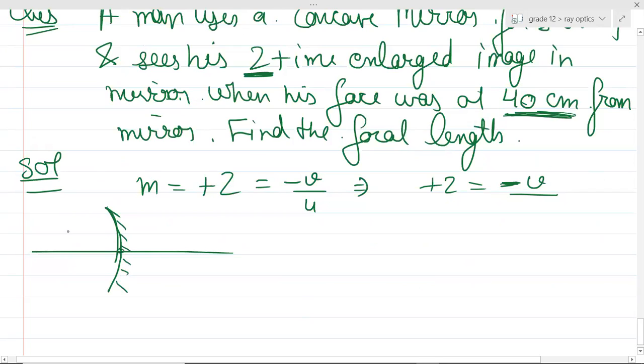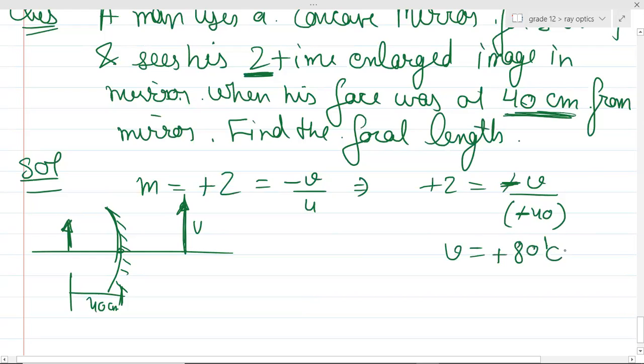I'm supposing this is the same case like this. The object is placed somewhere over here at 40 centimeter, and its image should be formed virtual and erect behind the mirror. Can you see? Then only it will be able to see inside the mirror, right? So u is minus 40 centimeter. So from here, v is equal to plus 80 centimeter.